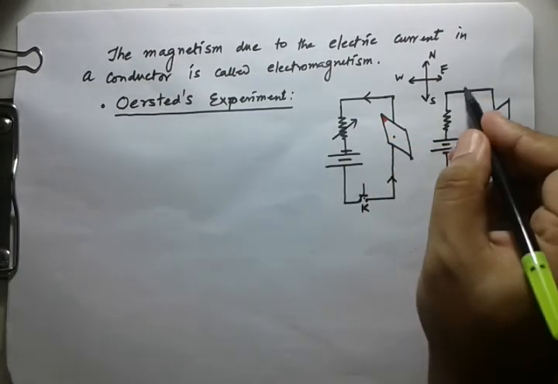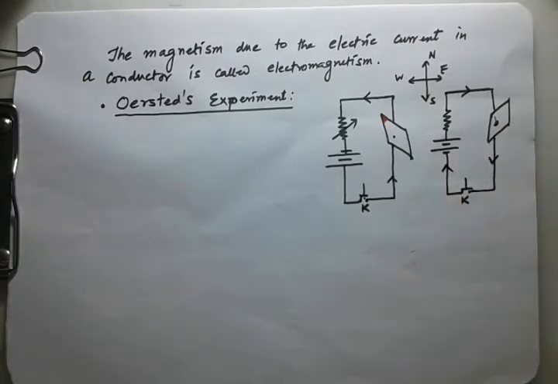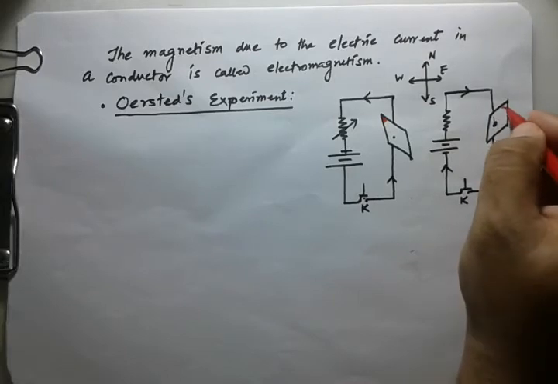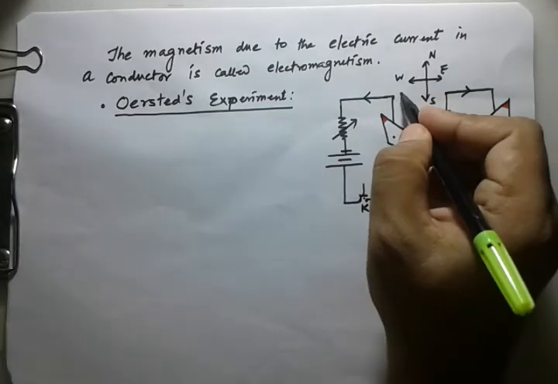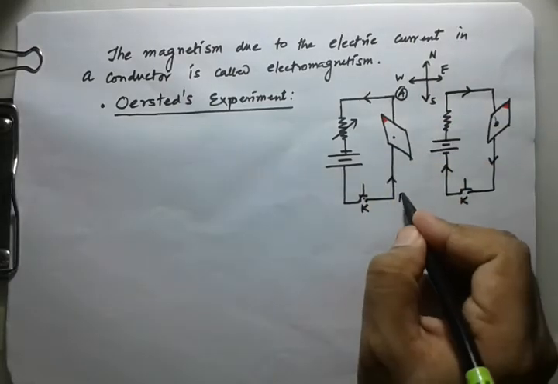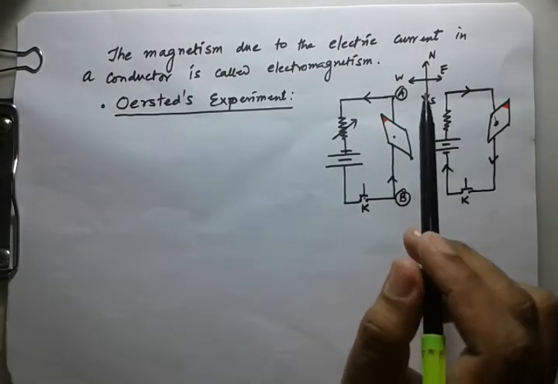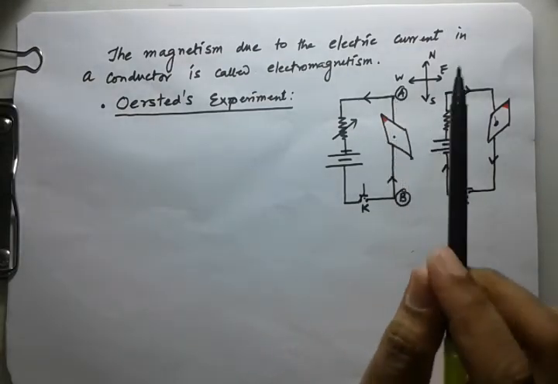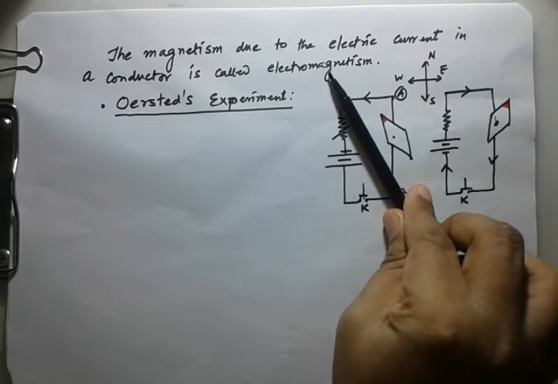The current will go in this direction, and the deflection will be here. So what did he observe? He observed that when a sufficient current was allowed to pass through a wire AB, placed along the axis of the magnetic needle, then when the current starts to flow, the needle bends this way.